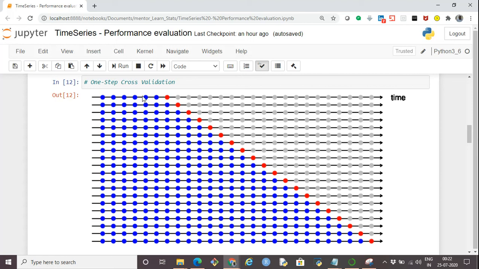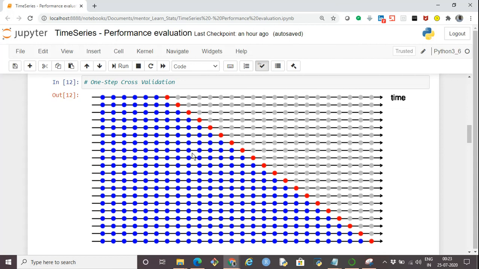So in this way we continue and we perform the same test by moving one step forward, that is, expanding the window of the training data set by one timestamp point towards the right, and accordingly gradually shifting the test data set point.